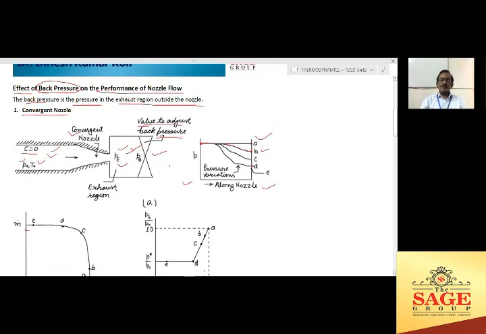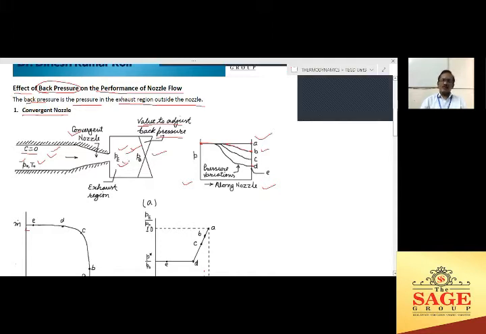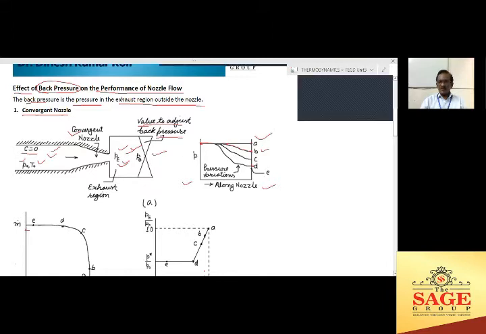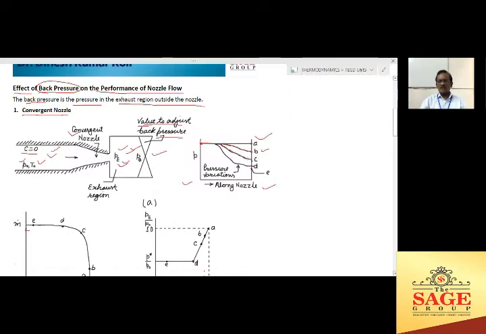If we further decrease the back pressure, it will also decrease the exit pressure, and then we get this curve C. This curve C indicates the flow of the fluid in the convergent nozzle from the inlet to the exit side or the outlet side.